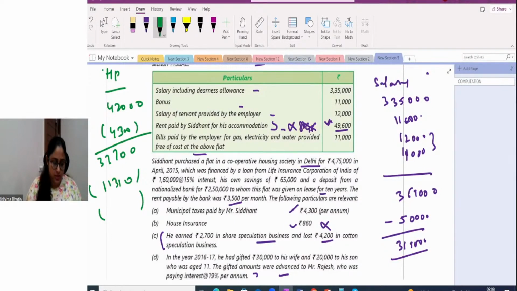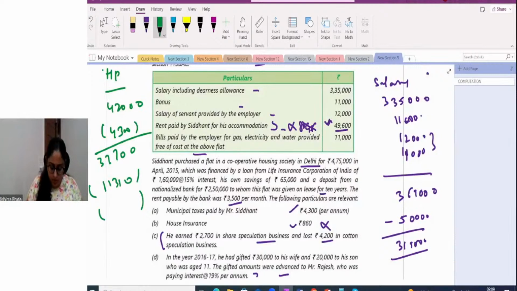Guys, साथ साथ interest on loan. एक गलती हो रही है यहाँ पे.